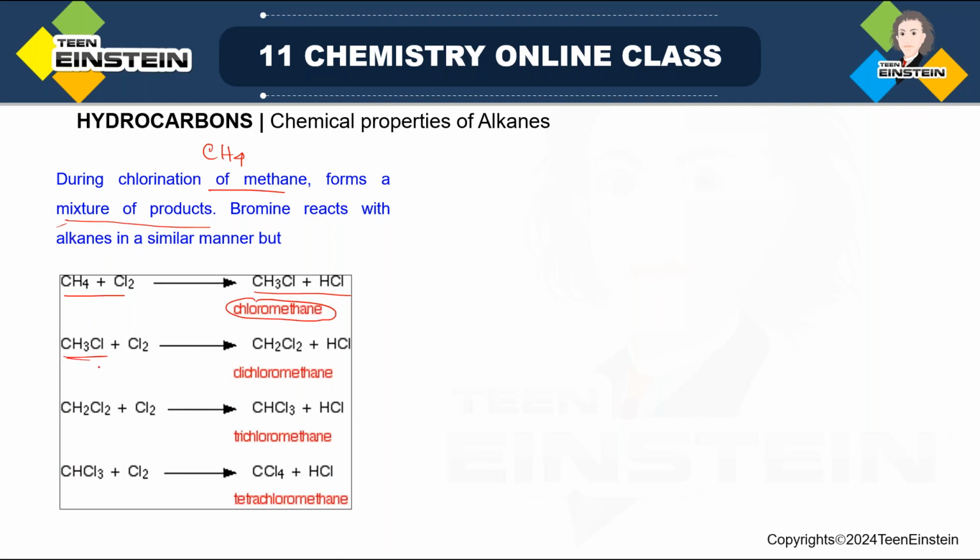But this chloromethane can be the starting material for another halogenation where the second hydrogen will also be replaced. And now you are getting dichloromethane. Now this can again be a starting material for the third reaction. Now you are getting trichloromethane. This can again be the starting material because still you have one hydrogen which you can replace. So ultimately all the hydrogens are replaced. You are getting tetrachloromethane.